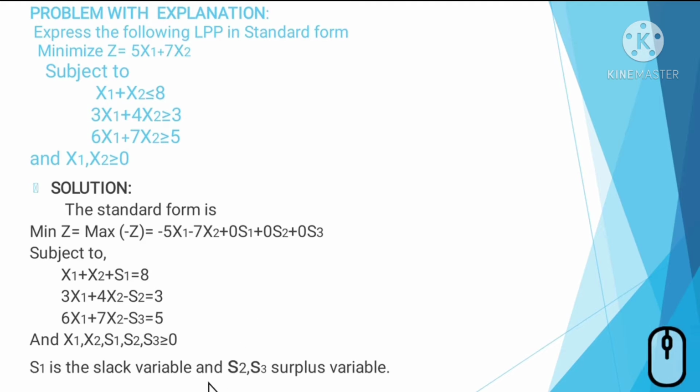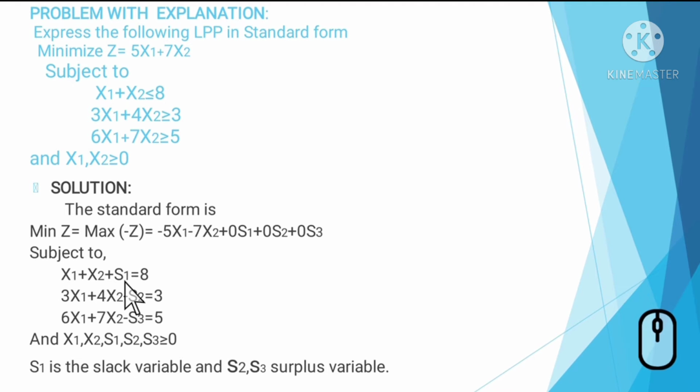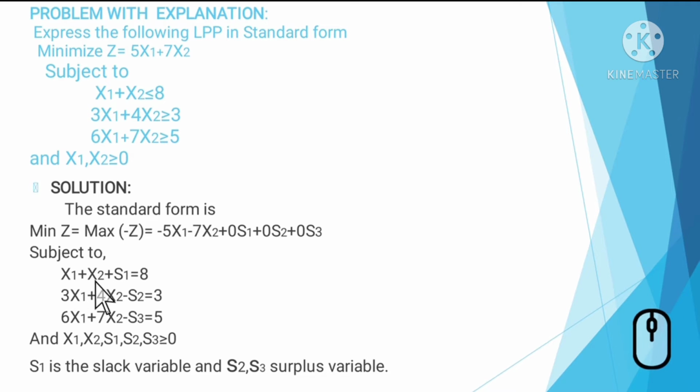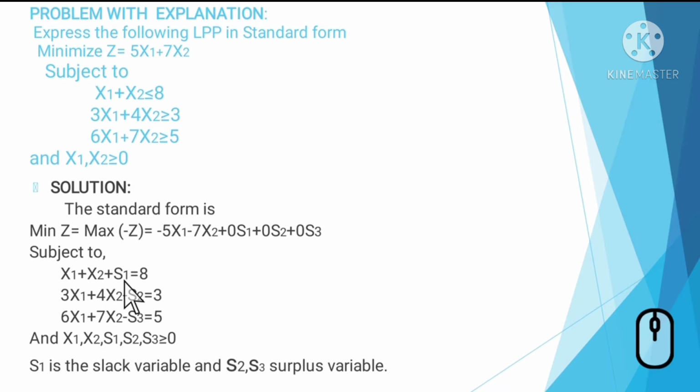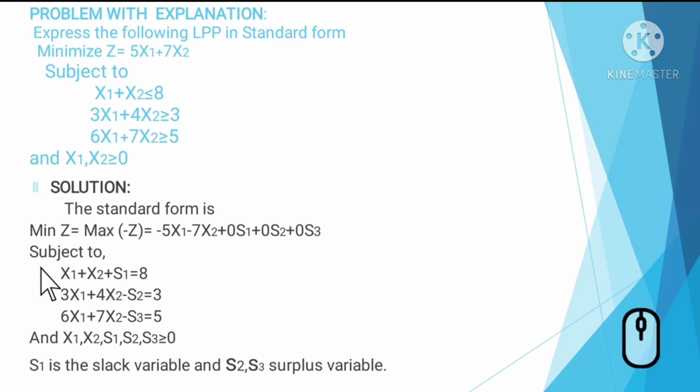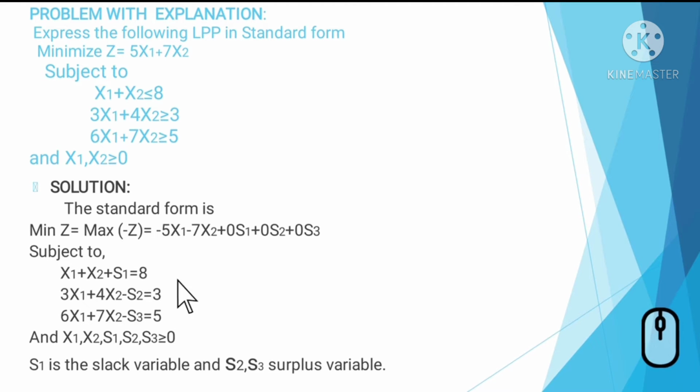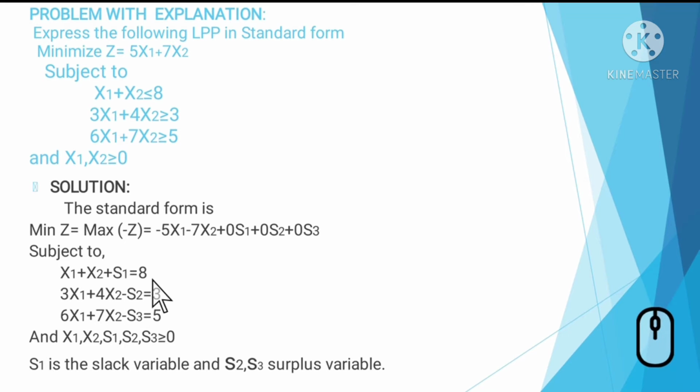This is the available resources, these are the used resources. When the used resources are less than the available resources, we have to introduce a plus slack variable, and when the used resources are more than the available resources, we have to introduce the surplus variable.